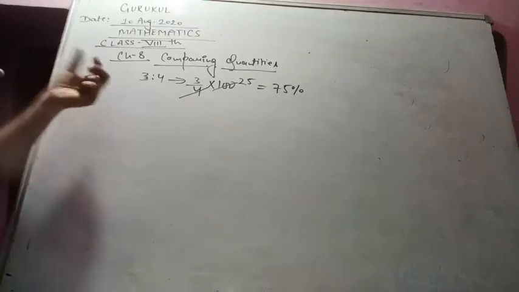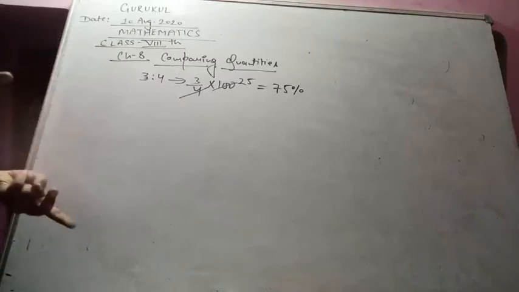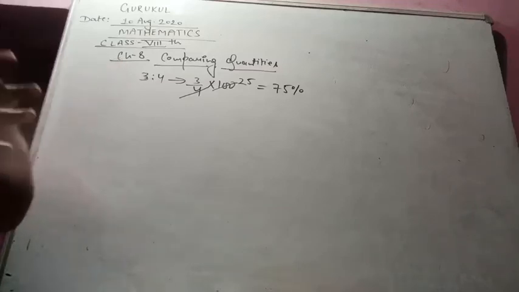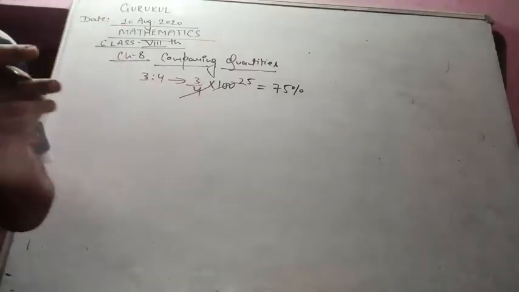Actually, why do we calculate this ratio? What is the requirement of ratio? Ratio is required for comparison. Suppose we have to compare two data, the weights of two students. For example, what is the weight of Akshay Khurana and what is the weight of any other student of your class.